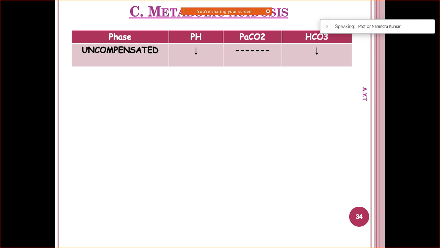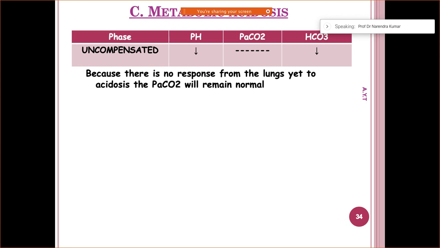In metabolic acidosis, in the uncompensated one, the pH will be less. PaCO2 may be normal, of course, without getting affected, but the bicarbonate is going to be lower. So this will be the uncompensated stage. The lungs have not yet responded, in fact.